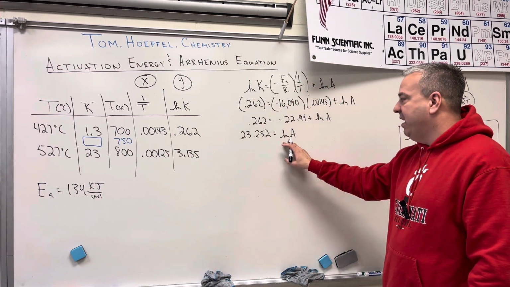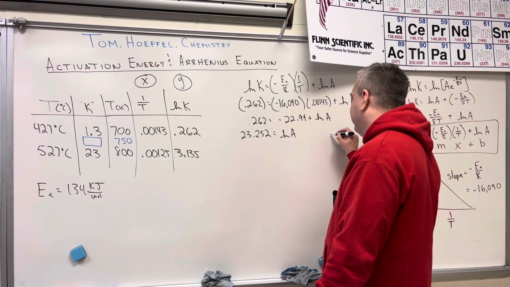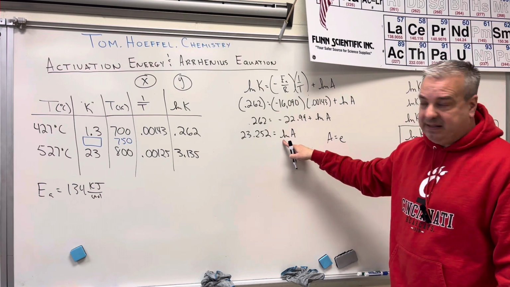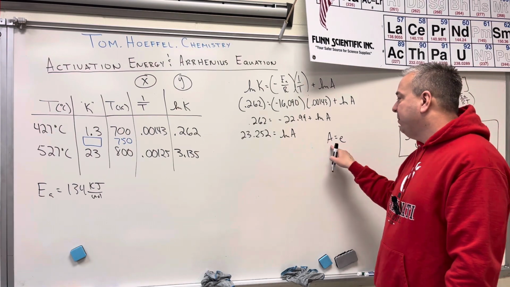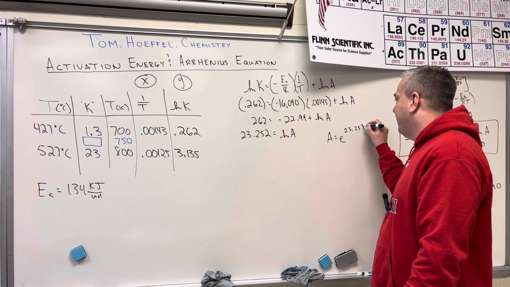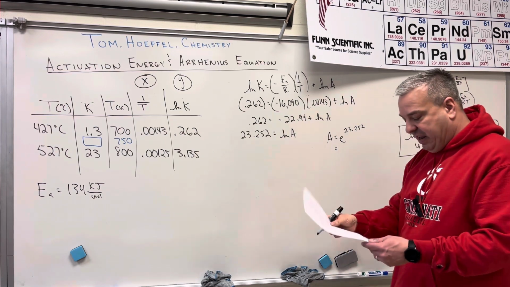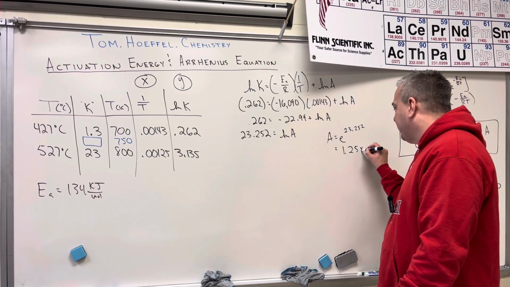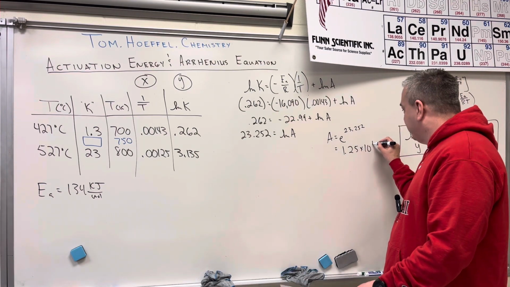And if we did that, we can calculate A simply by taking e on both sides, base e. So base e on this side would give me A, and base e to the 23.252, that number is going to end up being equal to 1.25 times 10 to the 10th power.